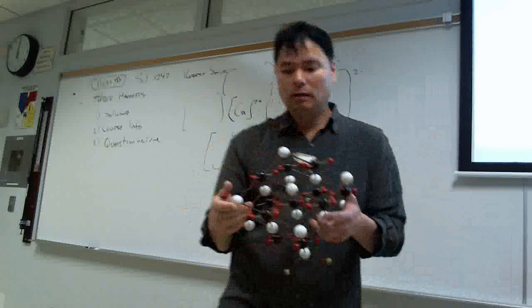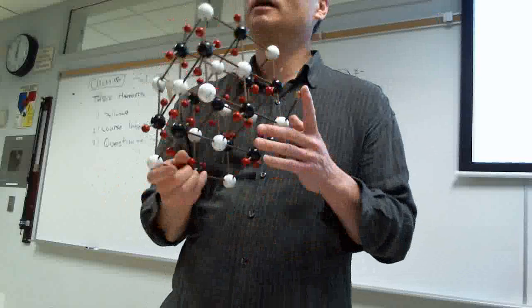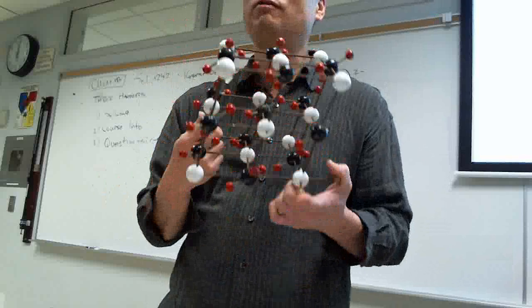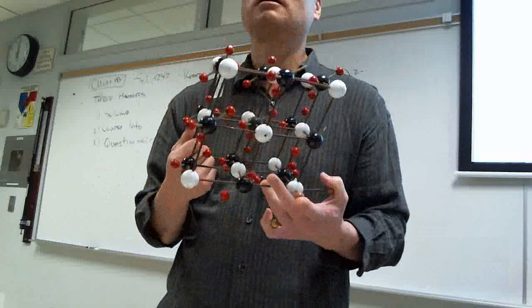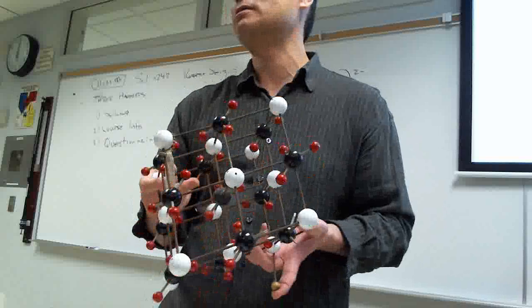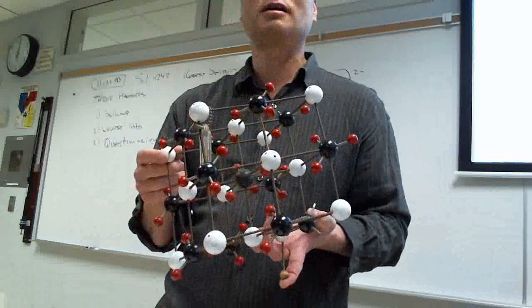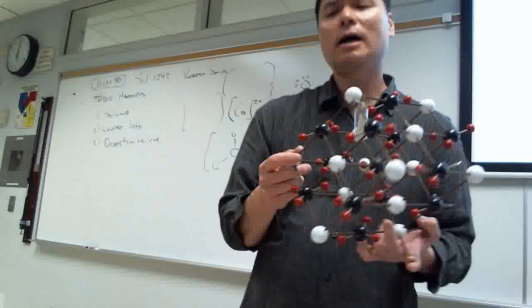What do you guys know about chemistry? What's the most important force in chemistry? Electrical. In fact, chemistry is all electrical forces, right? Back in chapter 1, they talked about Coulomb's law and electrical attraction, so you want to go back and take a look at that.